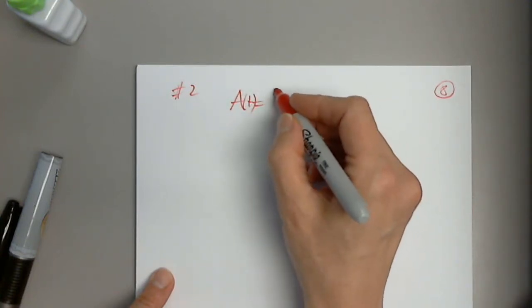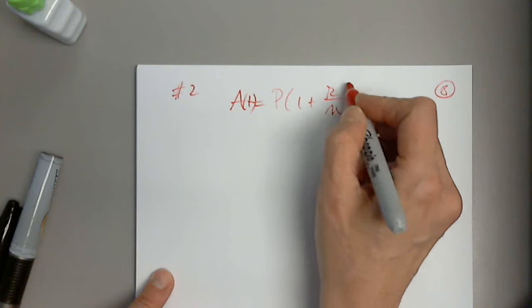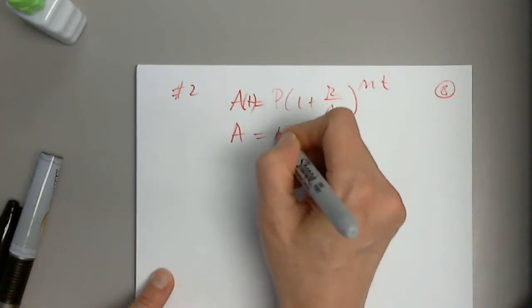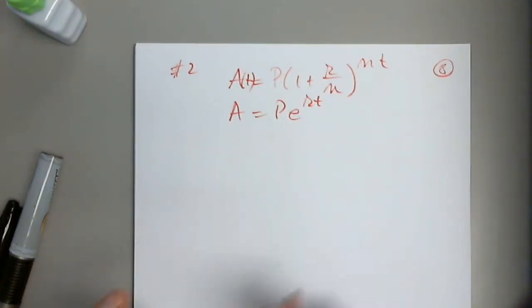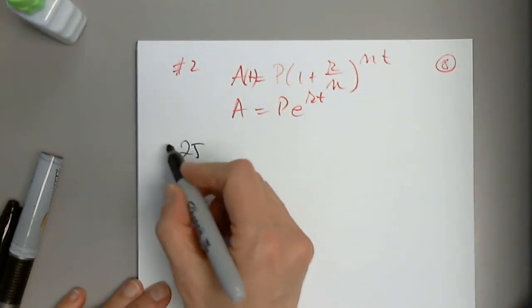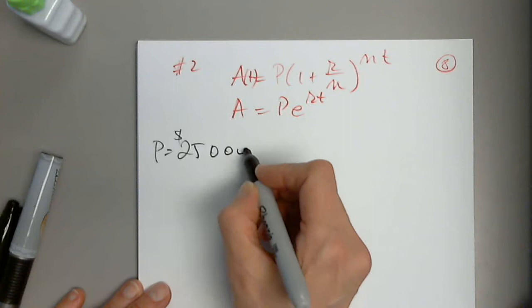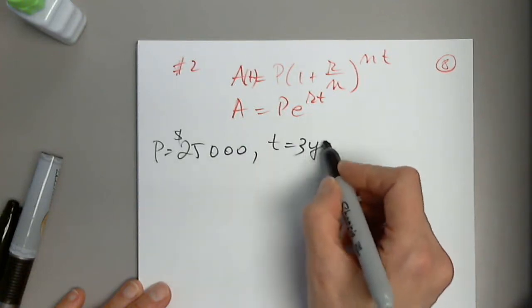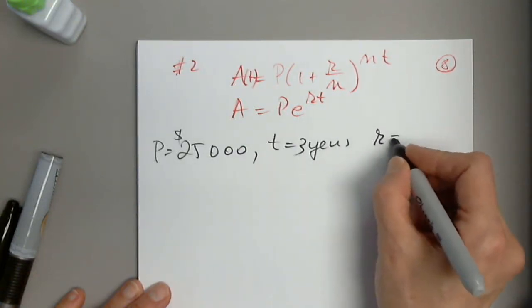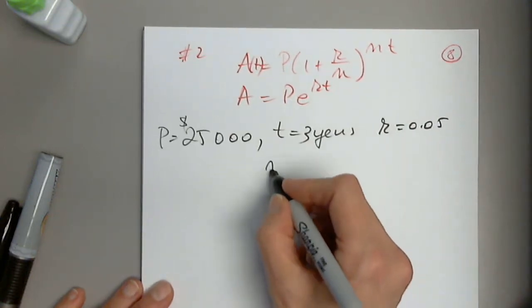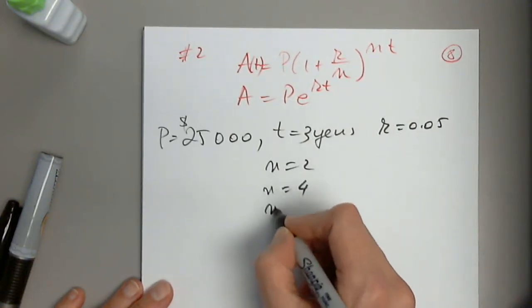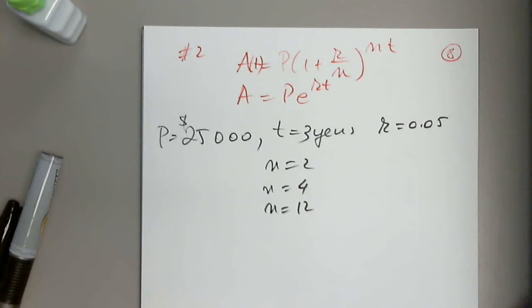So A of t is P times 1 plus r over n raised to nt, and the other one is P e to the rt. The value of the investment was 25,000 for 3 years at an interest rate of 5%, if it's compounded semi-annually, quarterly, monthly, and continuously. Okay.